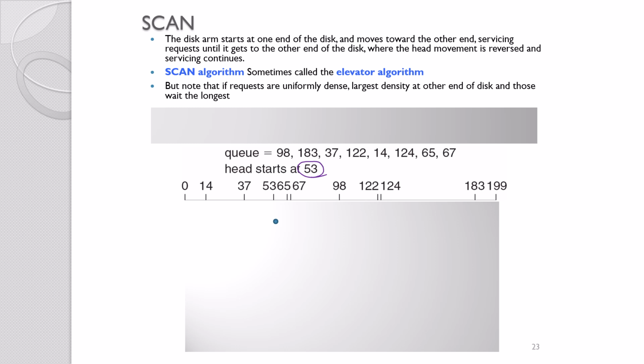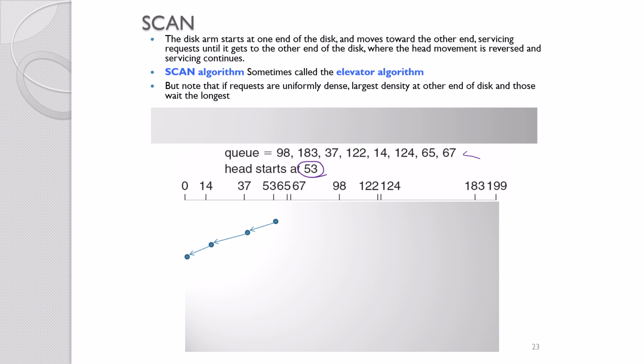It keeps going all the way across, and if any more requests come into the queue, it'll hit them if they come along the way, or get them on the way back. Here we're at 53, and we know our previous position was greater than 53. I'd have to give you that information, so we just scan along.